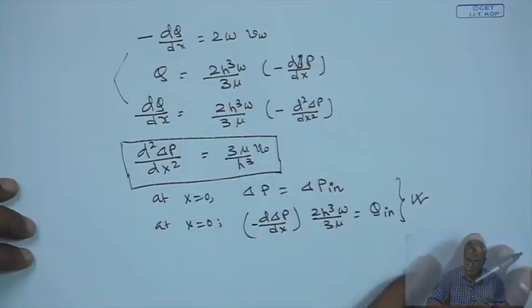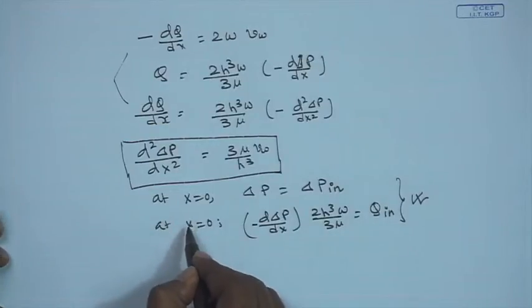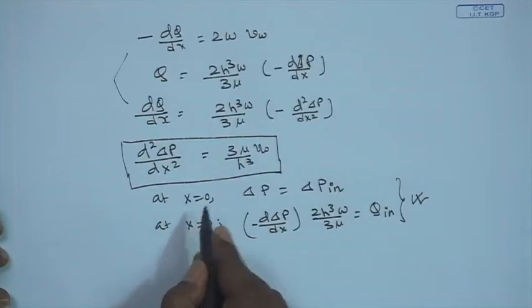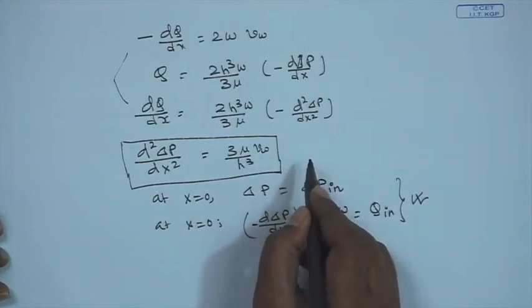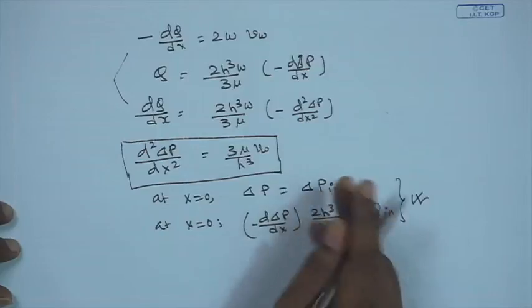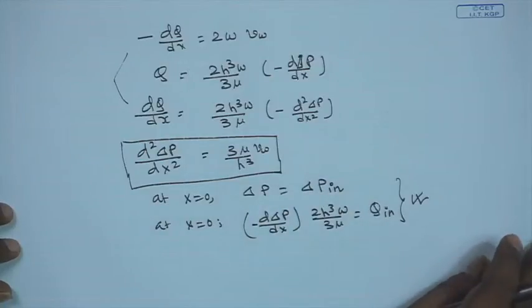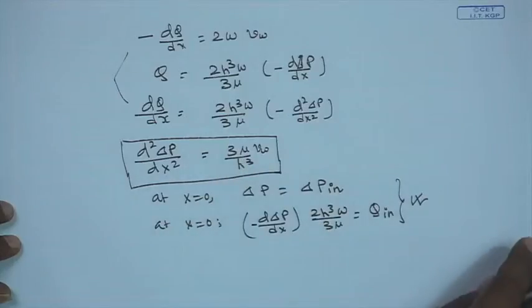If you remember, these two conditions are specified on the same boundary, so this is known as the Cauchy boundary conditions. Using these two conditions, this equation can be solved, and you will get a solution for the pressure drop across the channel. This is straightforward, since everything on the right hand side is constant.